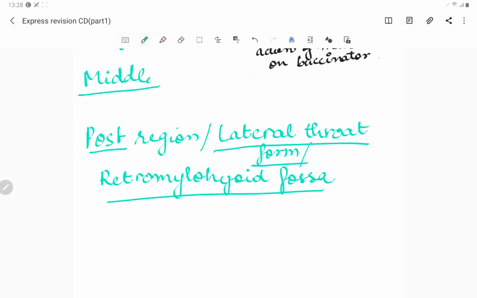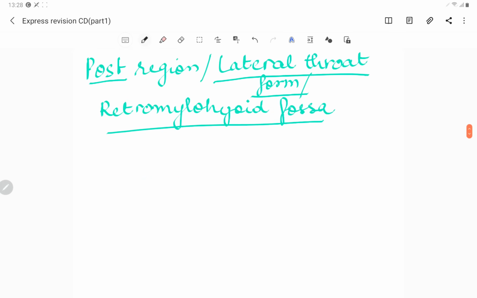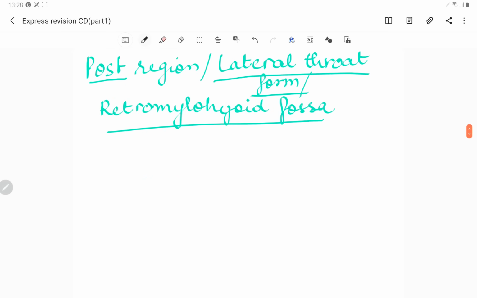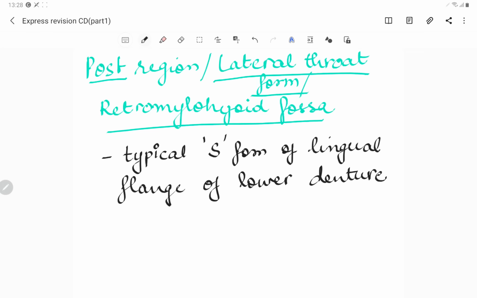So this is the posterior part of the alveolingual sulcus. Now the denture flange in this area forms a typical S shape, the typical S form of the lingual flange of the lower denture, right.